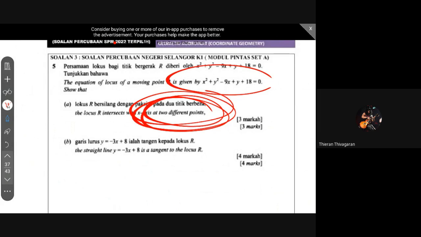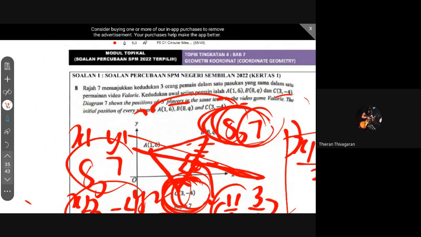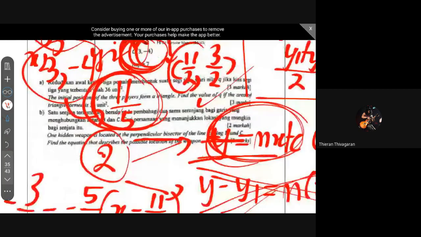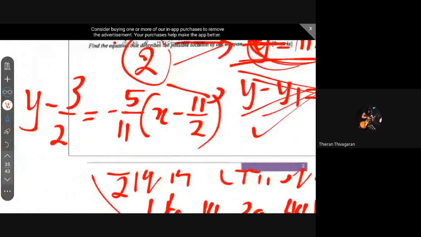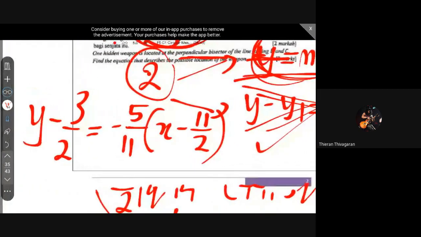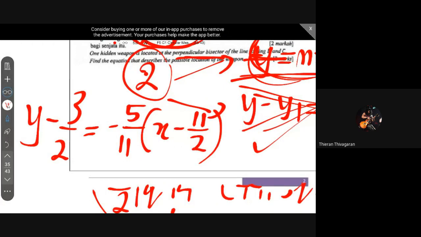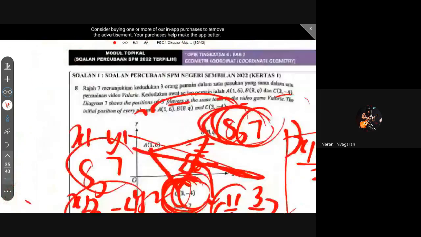Two different points. What do you mean not sure? Which one? Which one you not sure? Eight. Oh, eight. Which eight?